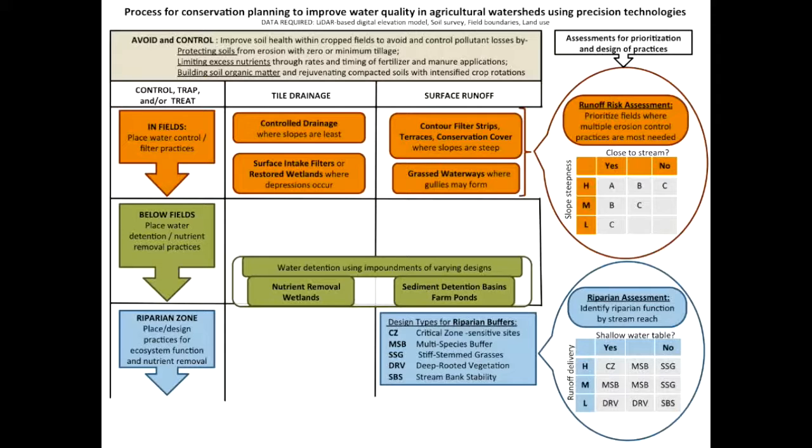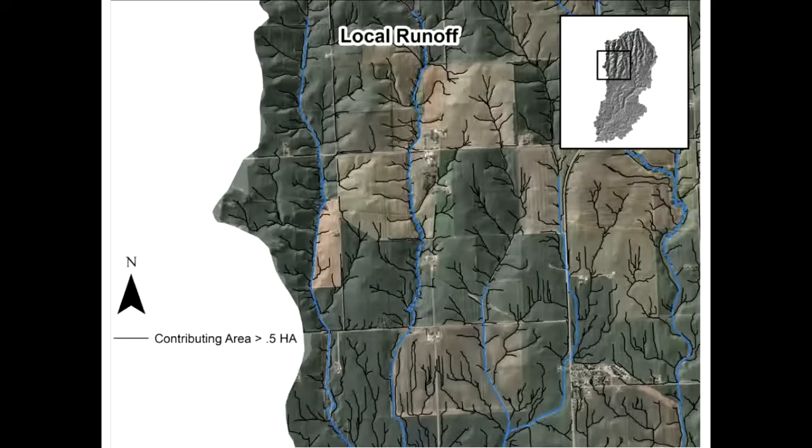okay, so here's a watershed in Illinois, Lime Creek. The blue shows the streams. The black lines show the runoff flow pathways. The longer the pathway, the greater the area of runoff contribution.